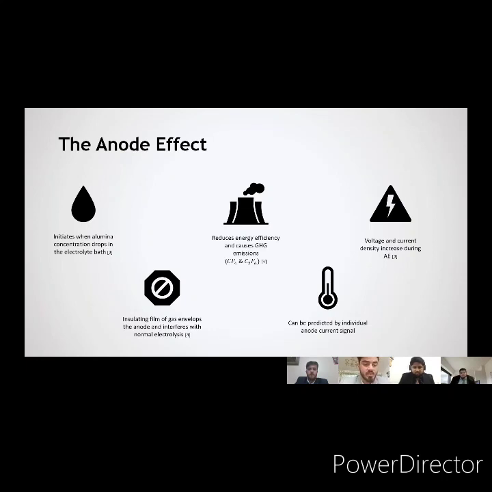An insulating gaseous film can also form on the anode, which impedes the flow of electricity through the anode. It is important that measures are taken before the anode effect happens. Thankfully, by measuring the voltage and individual anode current signals, we can predict the occurrence of an anode effect.